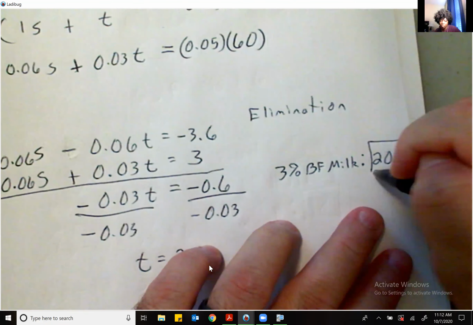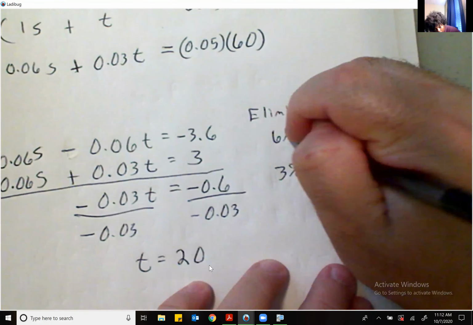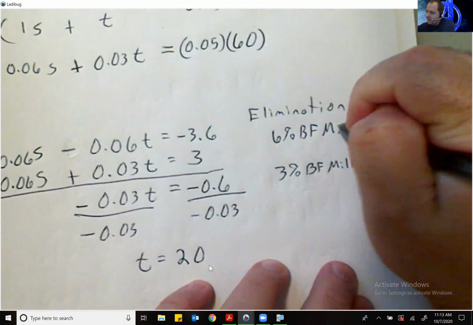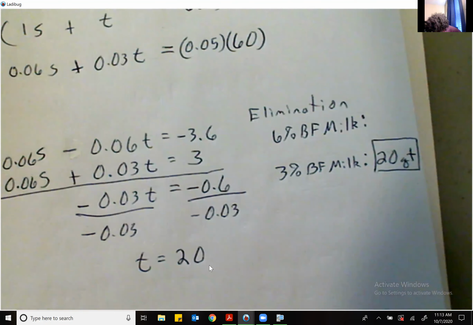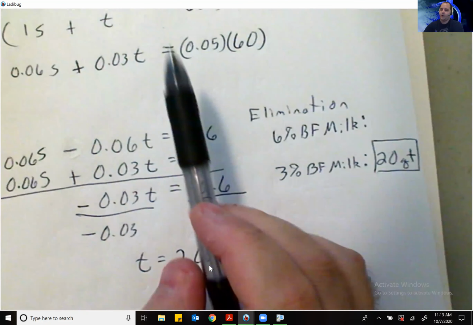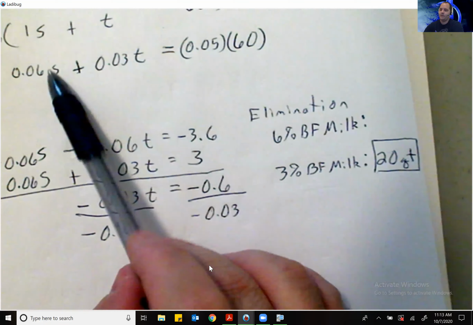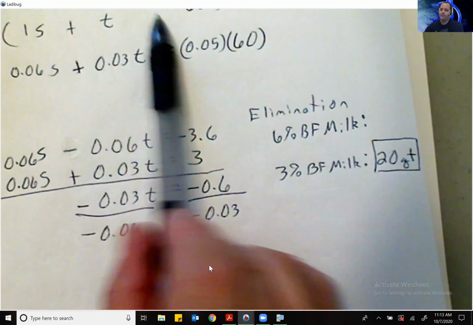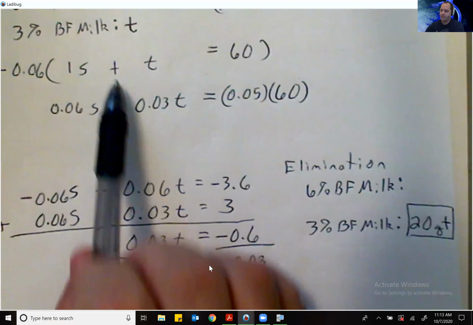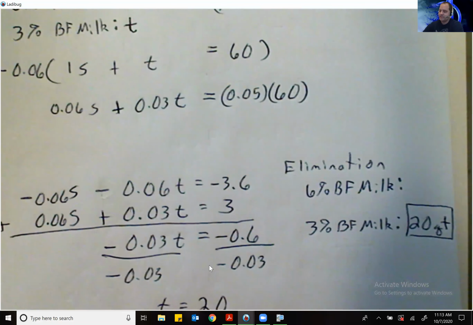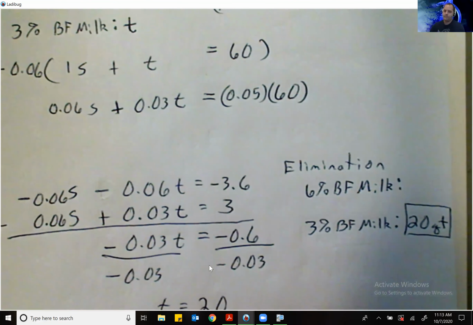How do we get the 6% butterfat milk? We plug it in. So Lamar, who do you want to plug into, the top one or the bottom one? The top one, absolutely. That's the easiest one to plug into. So we've got S plus 20 equal to 60.